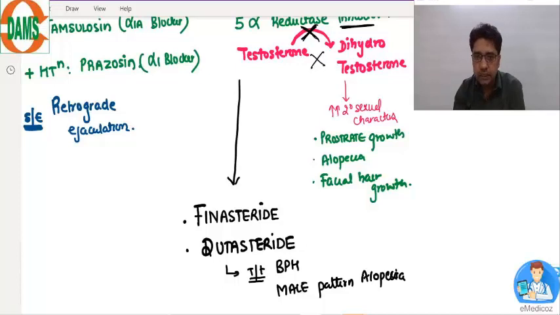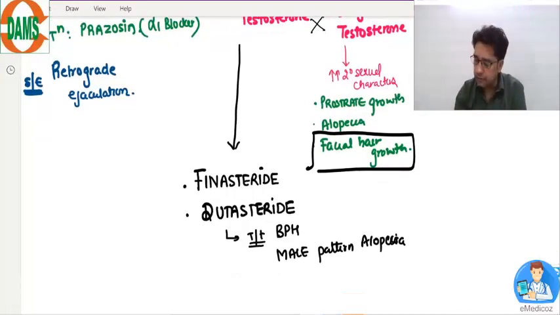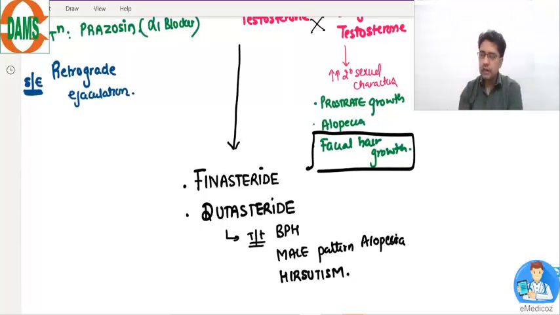Now, facial hair growth when it occurs in females is unacceptable. That facial hair growth in females is known as hirsutism. So these drugs are also given for the treatment of hirsutism. In alopecia, you are absolutely right. There are two drugs approved for alopecia: one is minoxidil, and the second is finasteride and dutasteride.